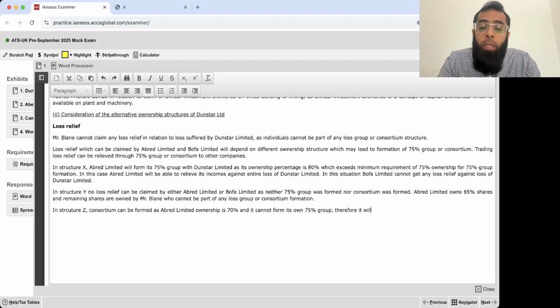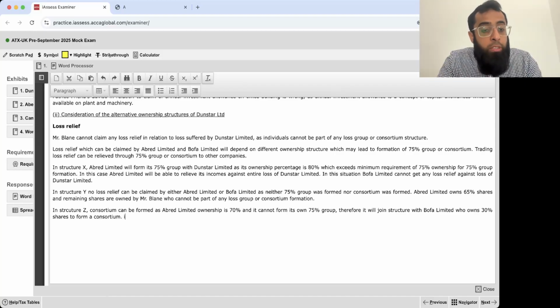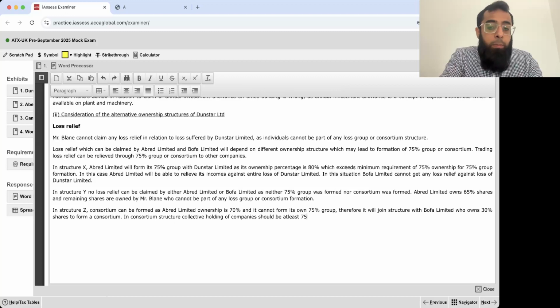Therefore, it will join with BOFA Limited, who owns 30% of the shares, to form a consortium. In a consortium structure, the collective holding of companies should be at least 75%.